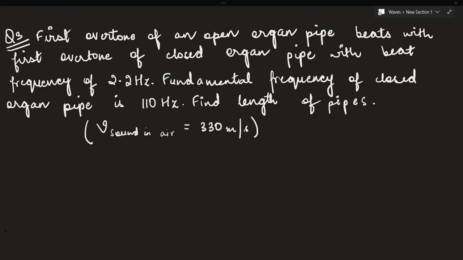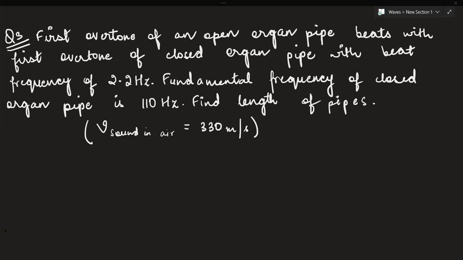See, the next question says the first overtone of an open organ pipe. Okay, first overtone. So what is the value of n? 1. If n is equal to 1, then that is the fundamental, and we don't have any overtone for the fundamental.